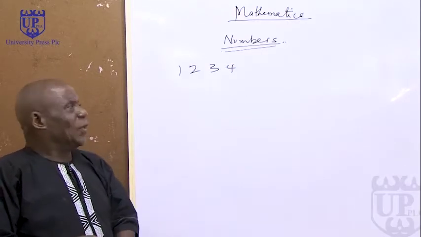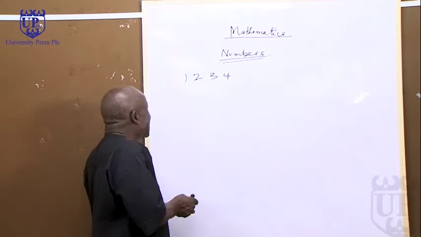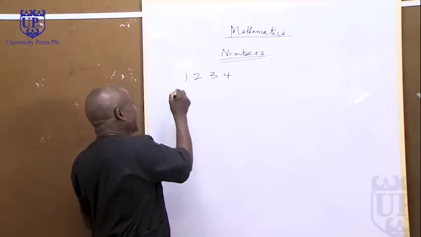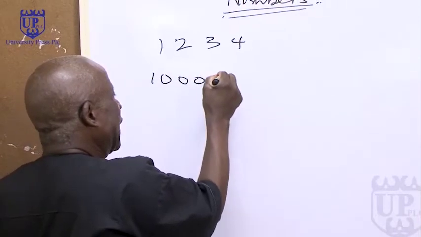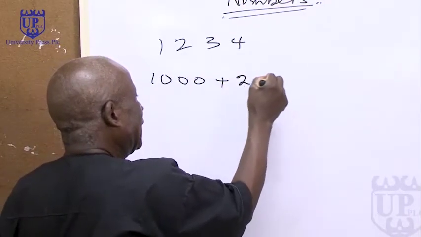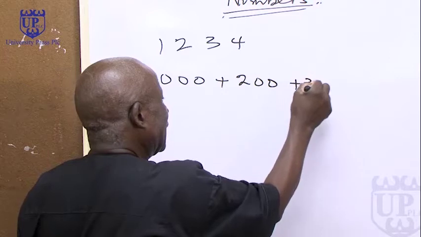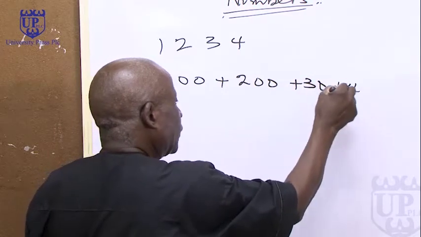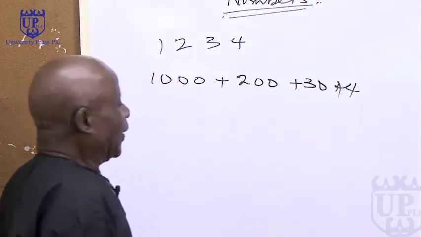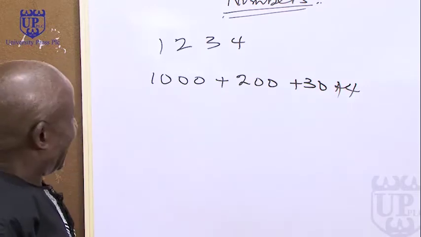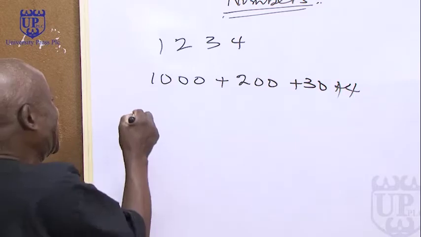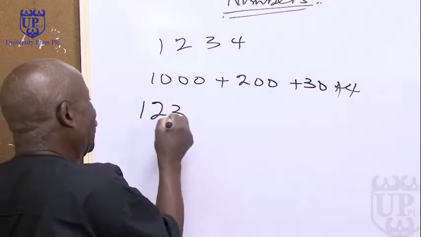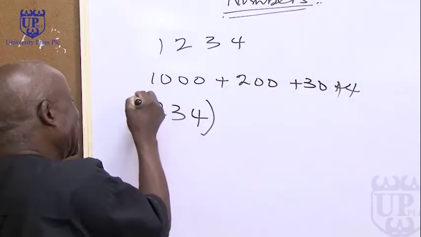This is the same thing as 1234 in base 10, if you put a bracket base 10.